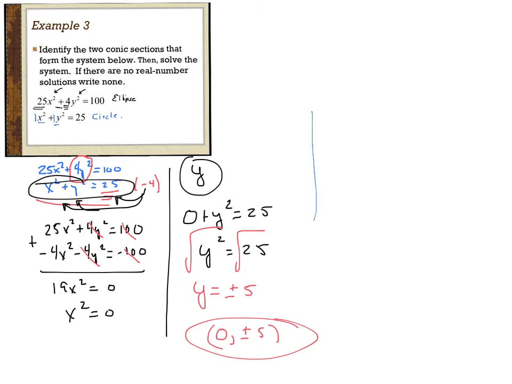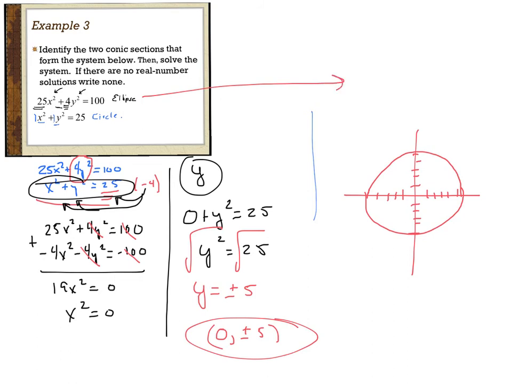And if I was to graph these guys, I have a circle of radius 5. Okay, so here is my circle with a radius of 5. And what I did real quick with the ellipse is I set it equal to 1, which gave me this equation.